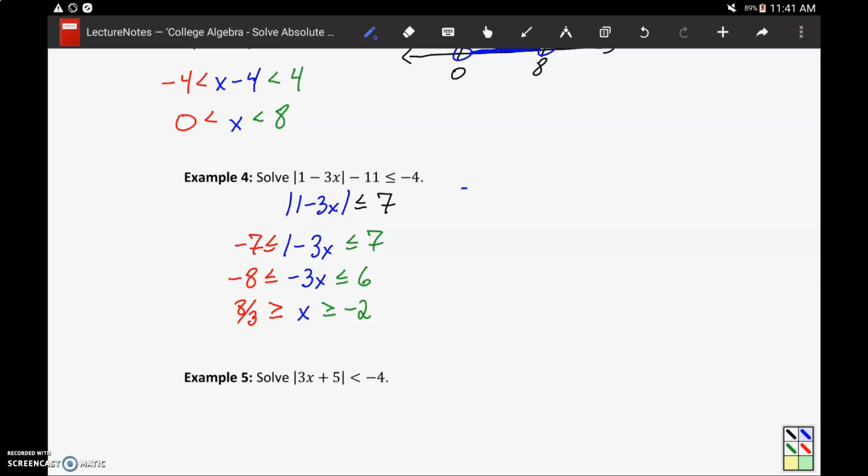Representing this in interval notation, we still want to keep in mind we want to consider the smallest value and then the largest value. So in this case, the direction of our inequality has changed. So -2 is our smallest value, all the way up to +8/3, with closed brackets or square brackets on both ends, since we have those or equal to statements attached to our inequalities.